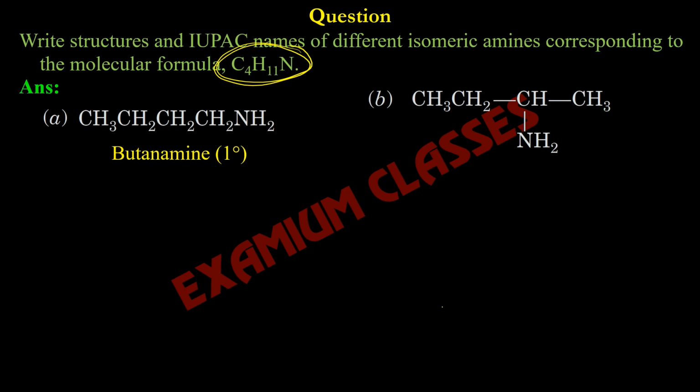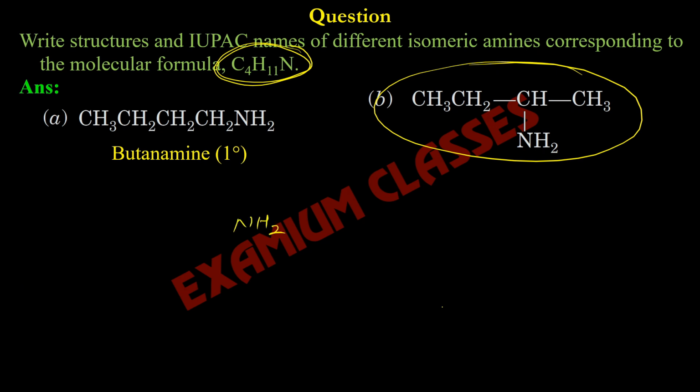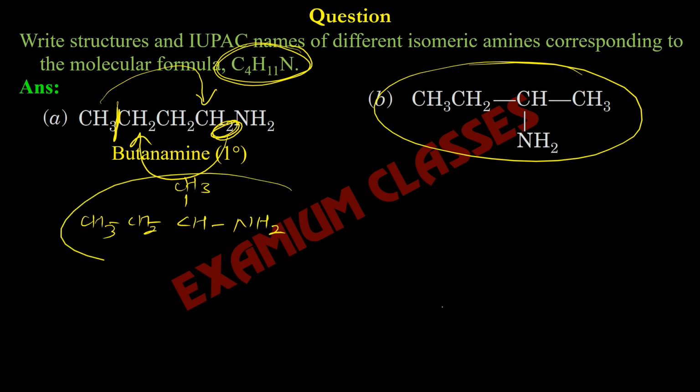I have kept NH2 intact, but I have changed the chain. One carbon removed from here, moved to this one. So that's why it becomes CH3. So these two are exactly same, just written in different manner, but these are actually same.